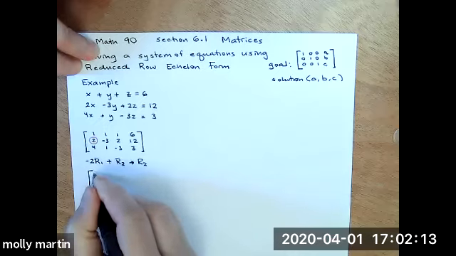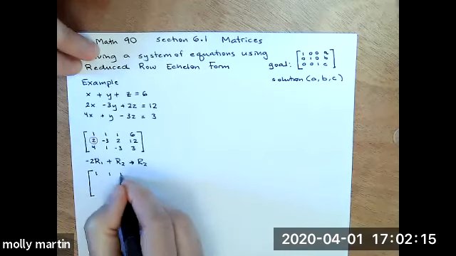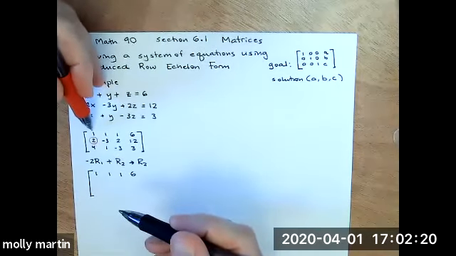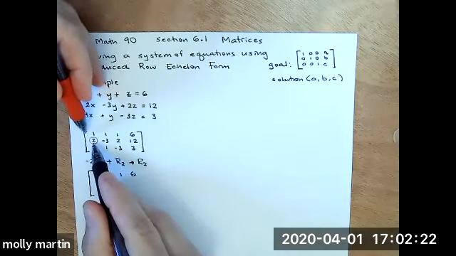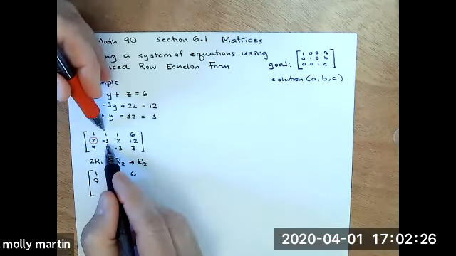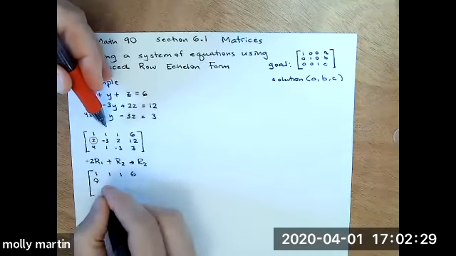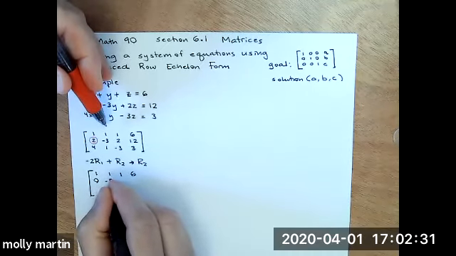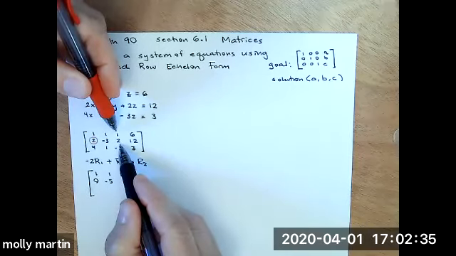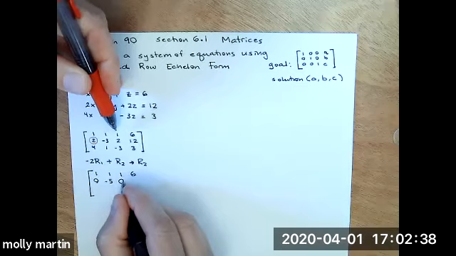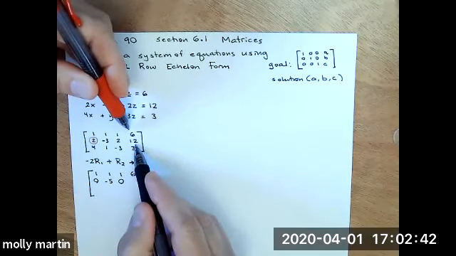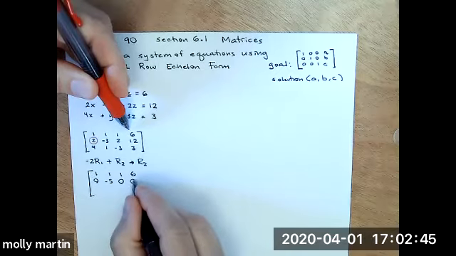So I'm using row 1, I will leave that the same. -2 plus 2 is 0. -2 plus -3 is -5. -2 plus 2 is 0. -12 plus 12 is 0.